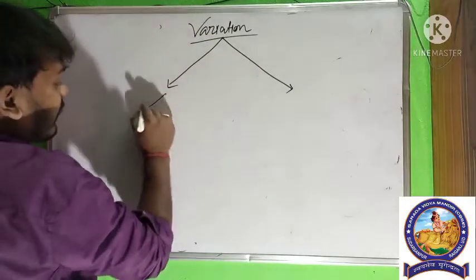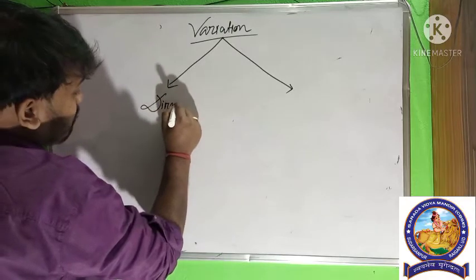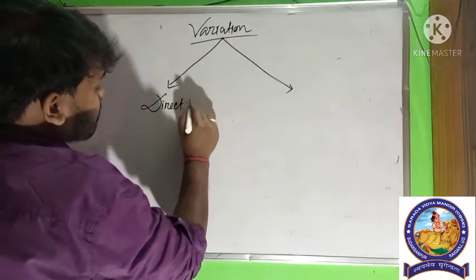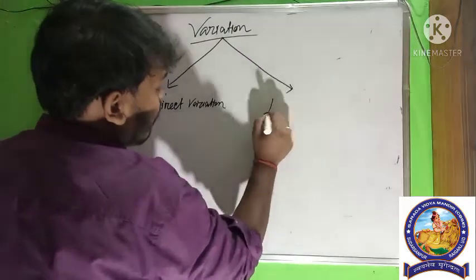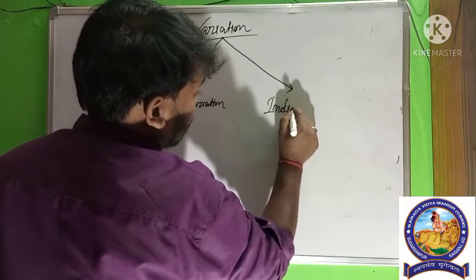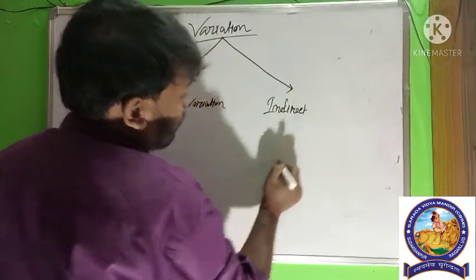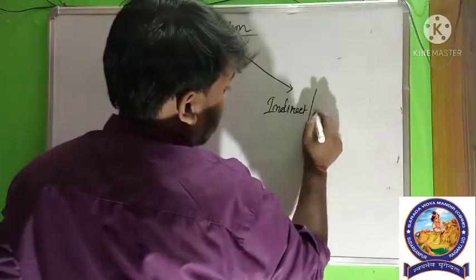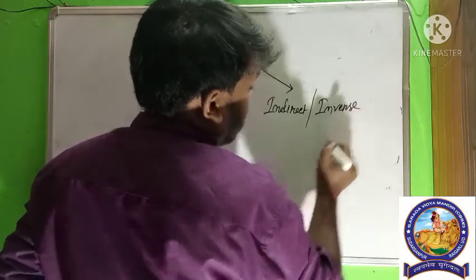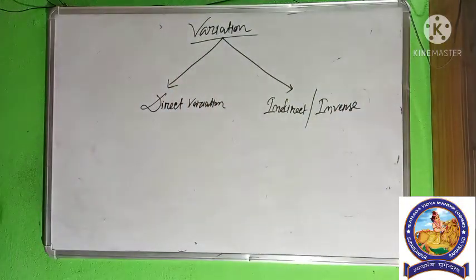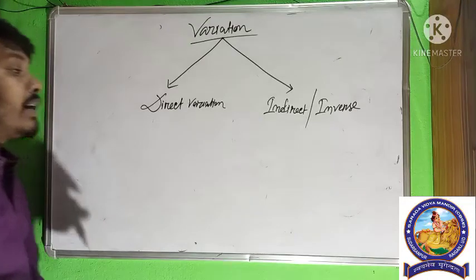One is direct variation. Another is indirect, or inverse variation. So what is direct variation?